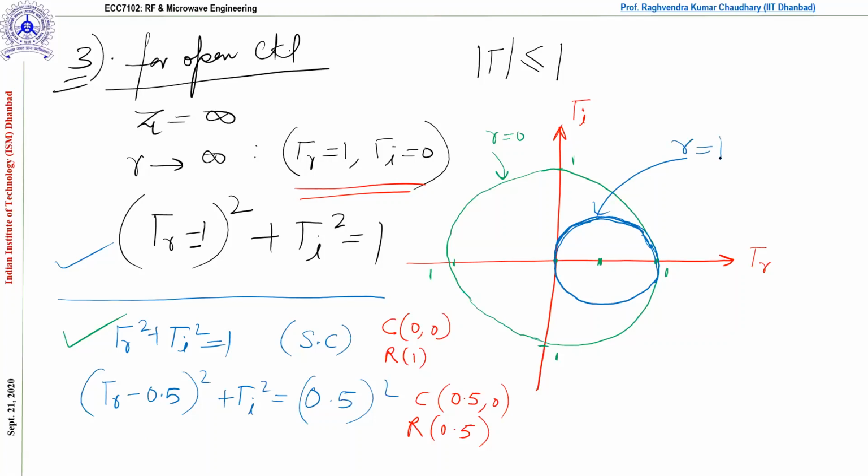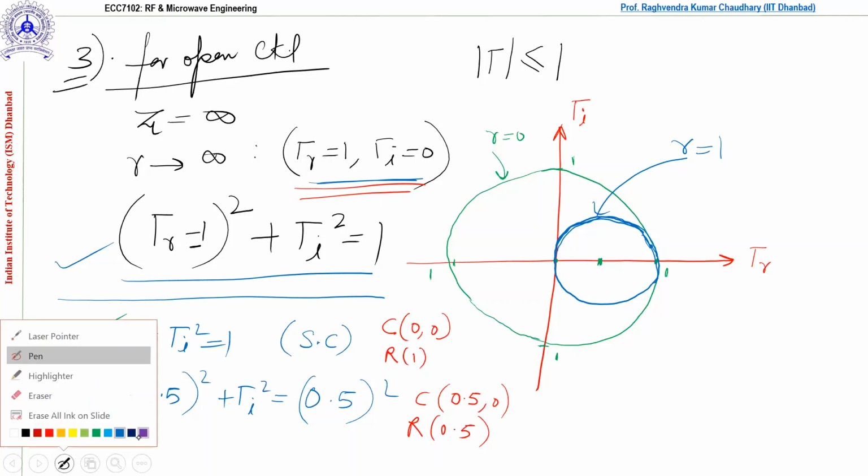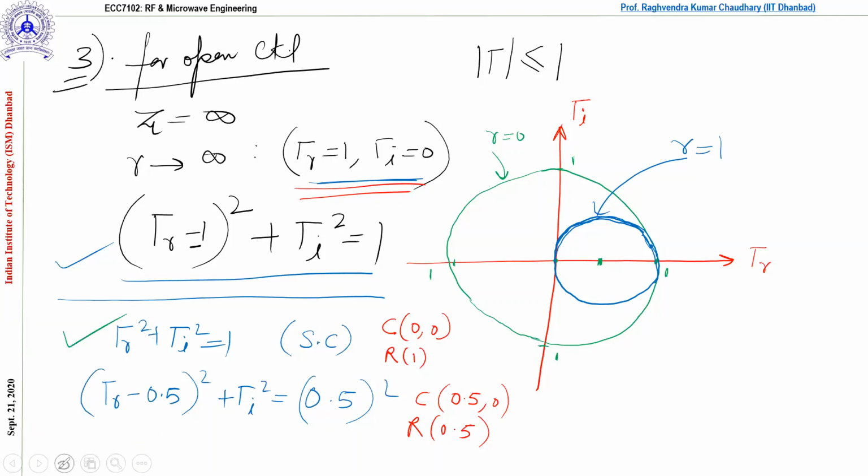Now the third case was these things, which is an open-ended case. And in the open-ended case, the center actually is, you see, the center is 1, 0. So 1 is this, and this is 0. So this is the center actually.